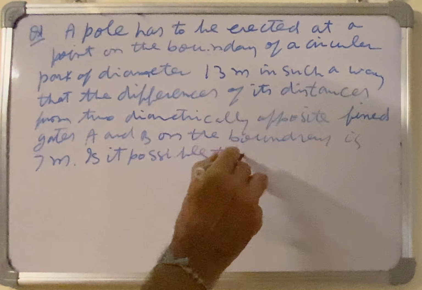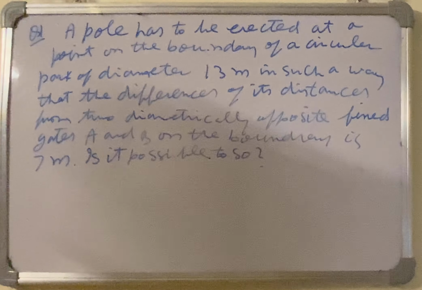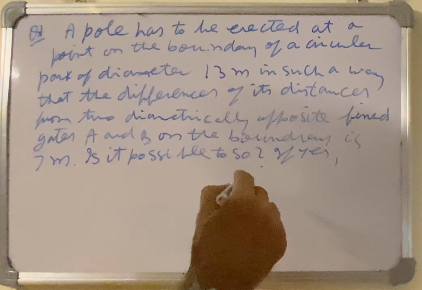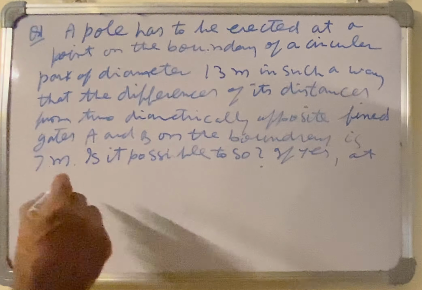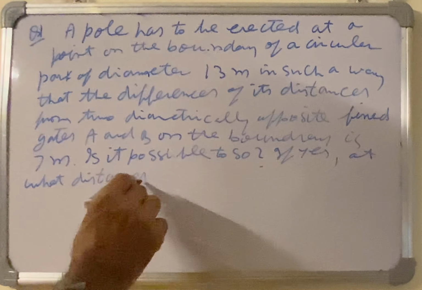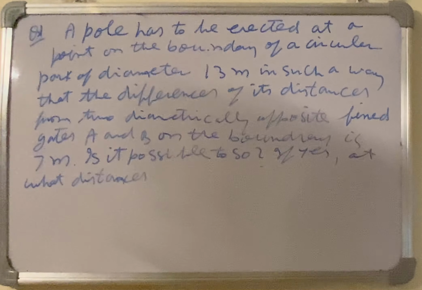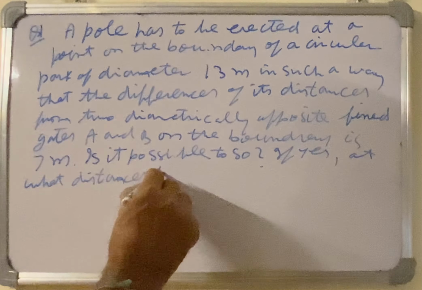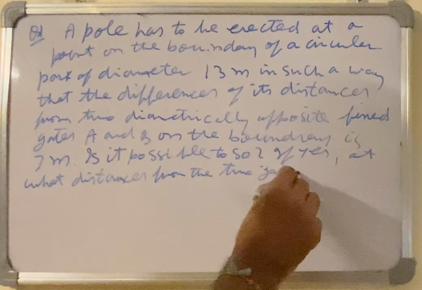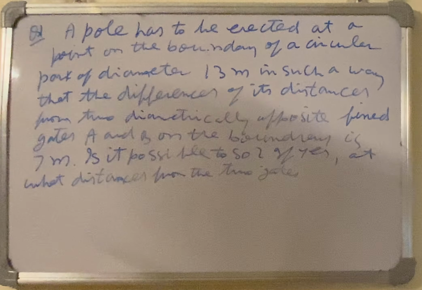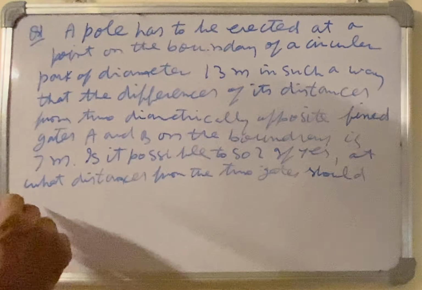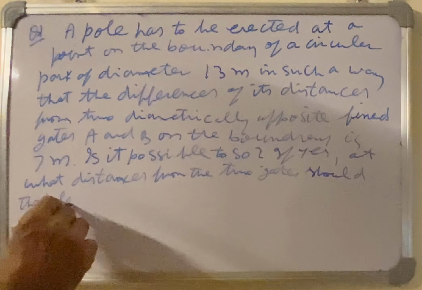If yes, at what distances from the two gates should the pole be erected?